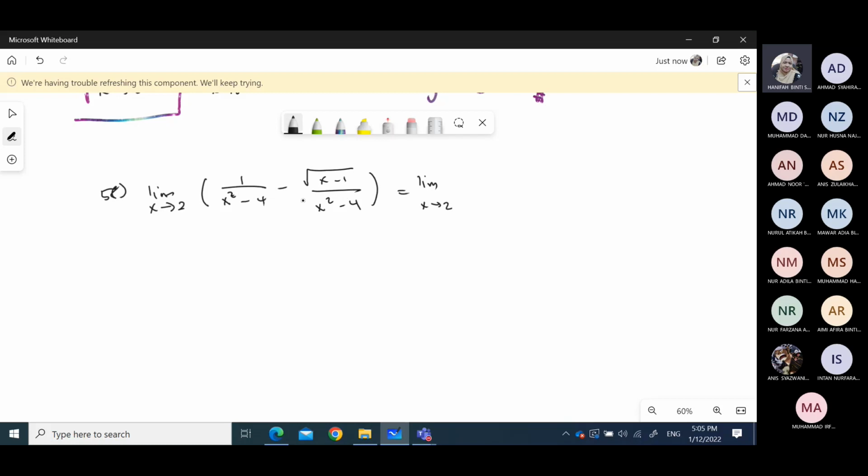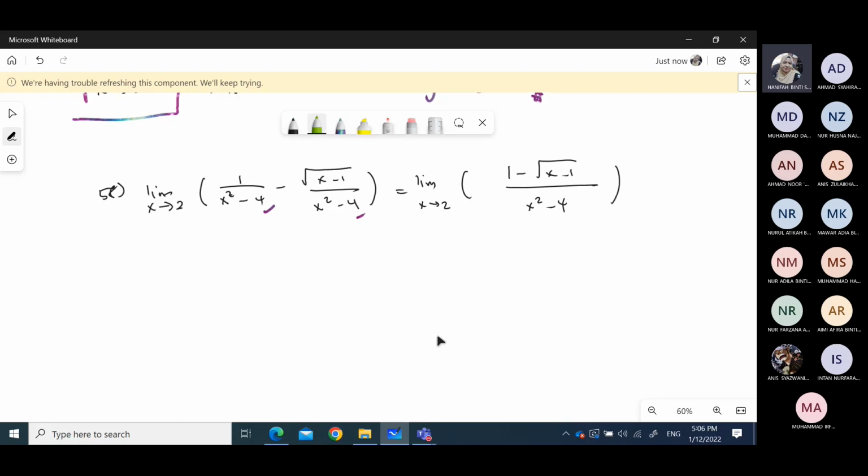Here the denominator is x squared minus 4 and the other one is also x squared minus 4, so we can combine, and then we have 1 minus square root of x minus 1 over x squared minus 4. This is just an ordinary fraction. Alright, so find its limit.